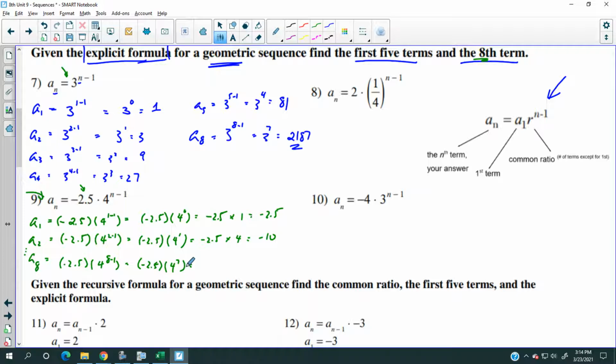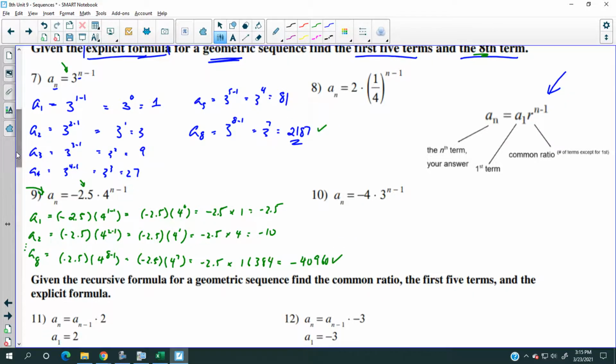Yep, 16,384. So I'll take negative 2.5 and multiply that by 16,384. Let's see what that is. Negative 40,960. Nothing crazy so far. Everything looks okay, I think.